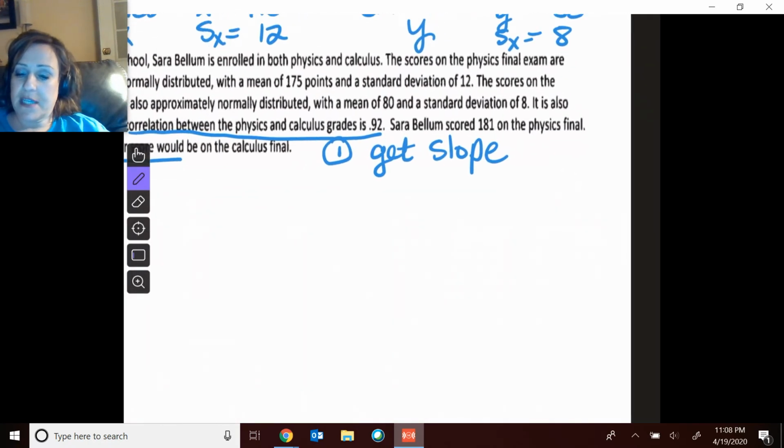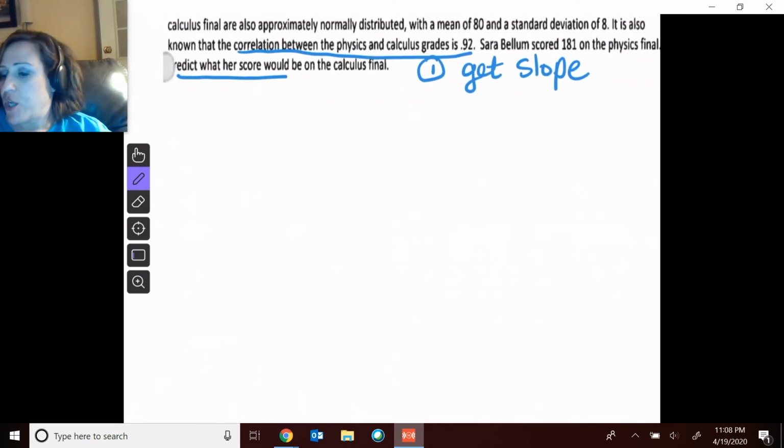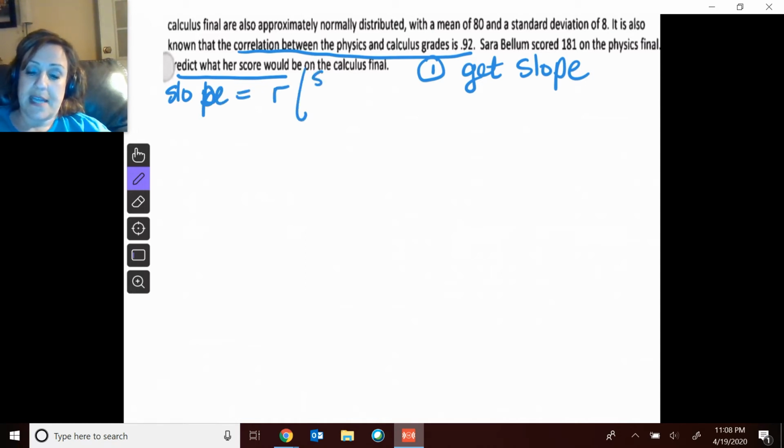So if I was going to get my slope first, let me write that the slope is the correlation times s of y over s of x. Then I'm going to fill in those numbers.